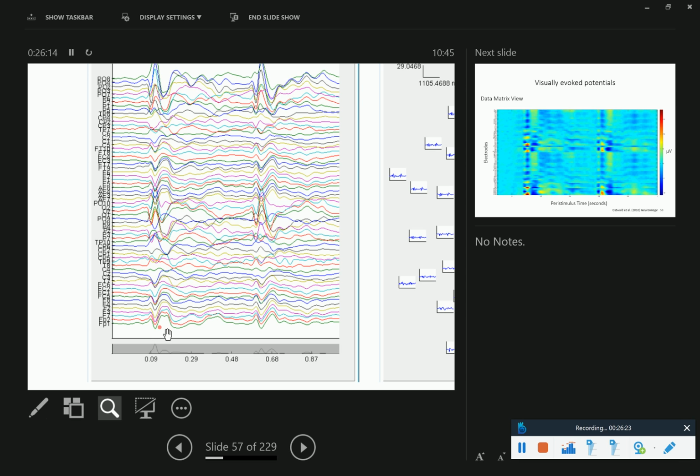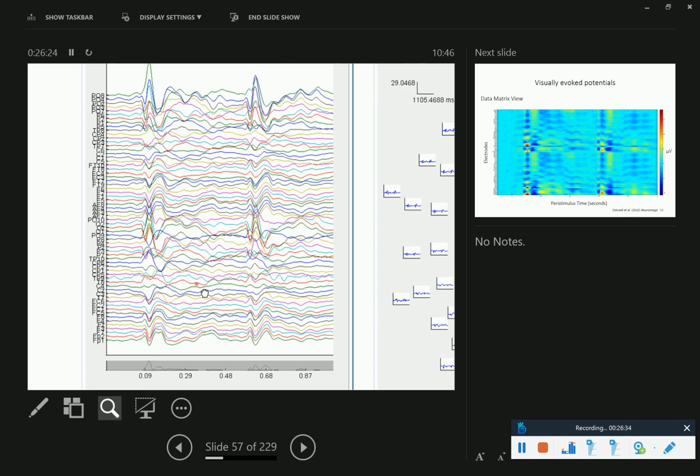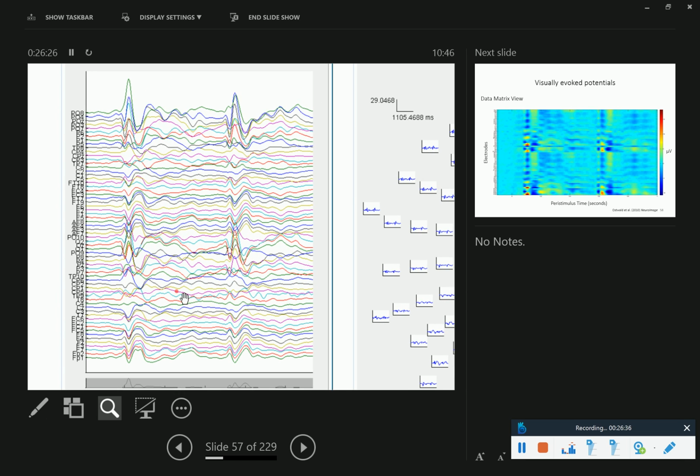So you get a negative response there. So looking at selected electrodes, of course, does not fully portray what's actually happening. And we will see a different representation of that. This is something one can look at.